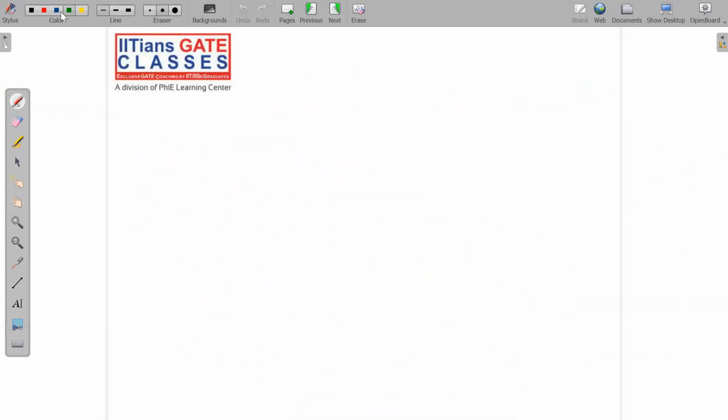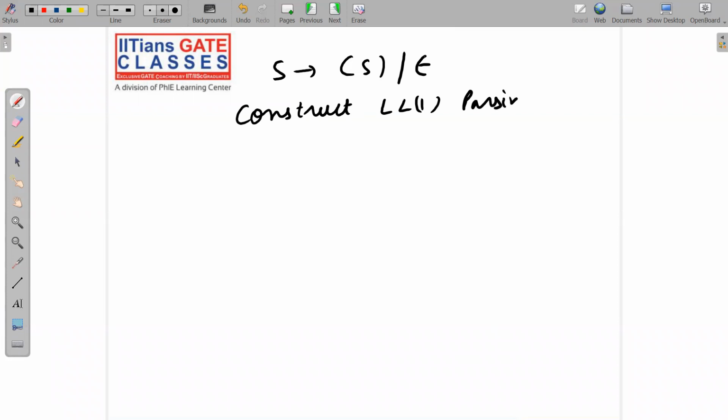The question is, S implies opening S closing, and null. Okay. This is the grammar. And the question is construct LL1 parsing table. So how are we going to construct?